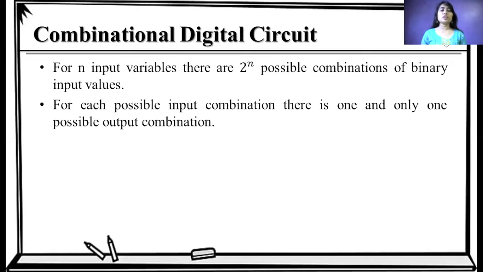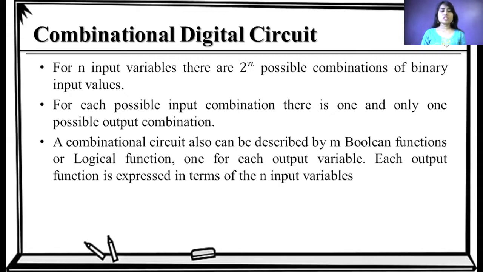For example, if we use 4 input variables, then we have 2 raised to 4, a total of 16 possible input conditions, and for each of these 16 we have one and only one possible output for the given conditions.